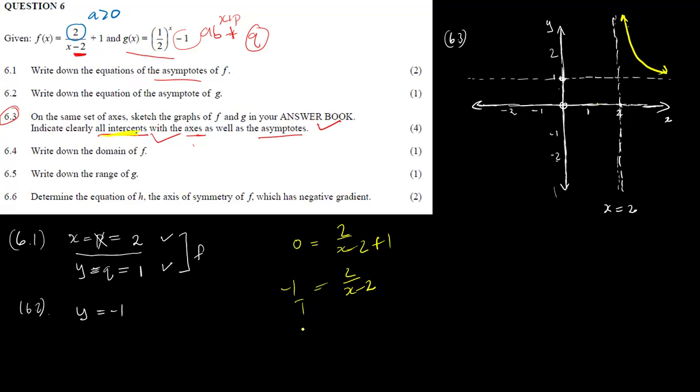You don't need this negative. You can just say x minus 2, rather, you will change this 2 to be -2. And therefore, your x will be equal to 0. So we see that when y is equal to 0, x will also be equal to 0.